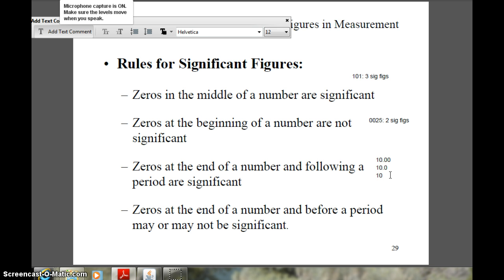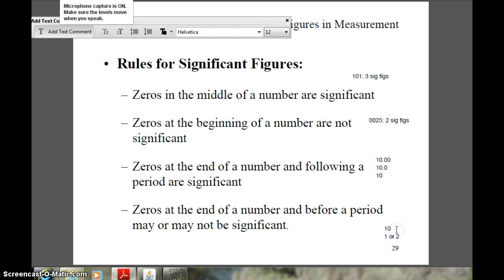Zeros at the end of a number and before a period may or may not be significant. What I mean by that is, for example, if you have the number 10, this can have either 1 or 2 significant figures. If you're considering only the 1, that will be only 1 significant figure, but if you count 1 as well as 0, that will be a total of 2 significant figures.